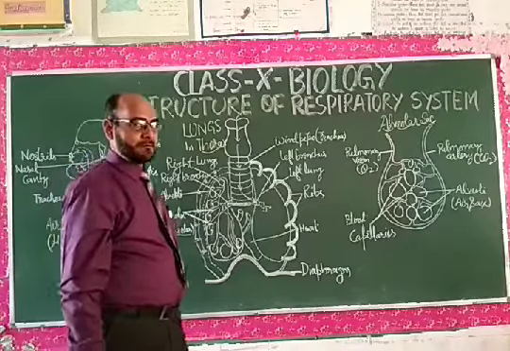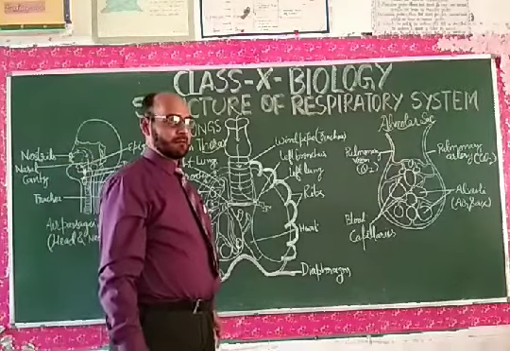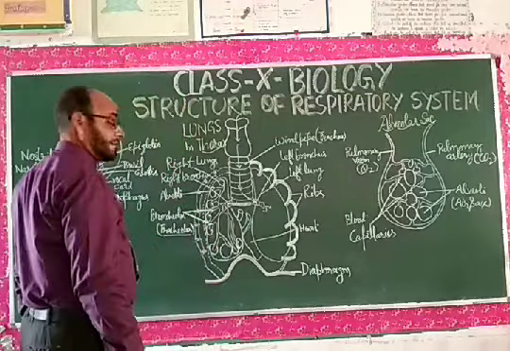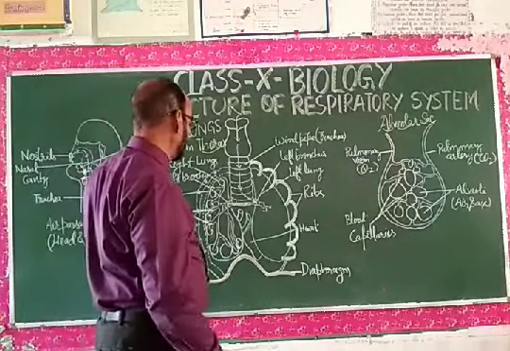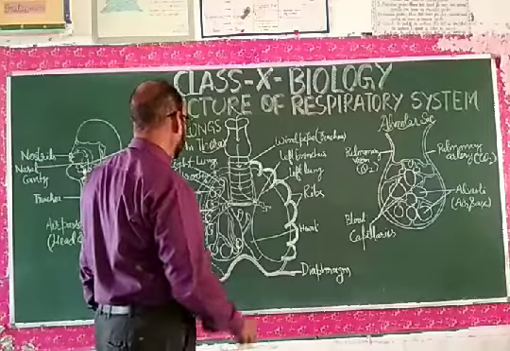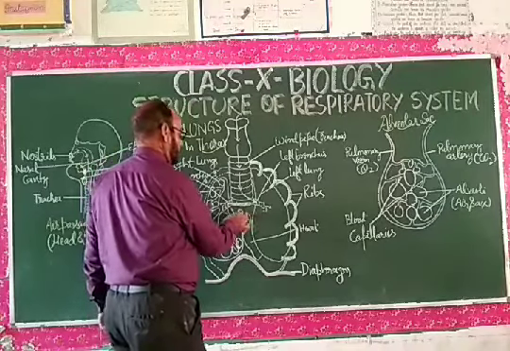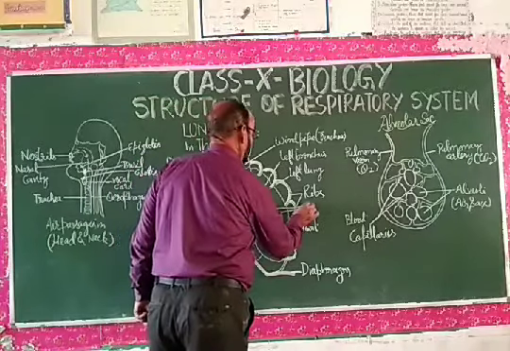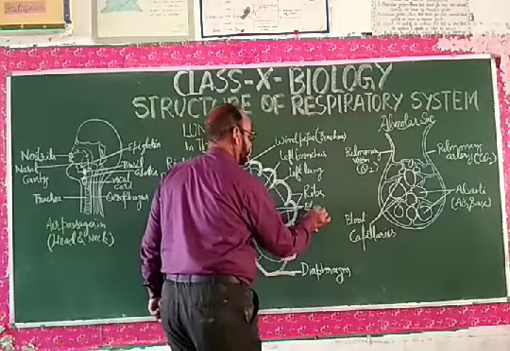In the abdomen there are the stomach, small intestine and large intestine. Here you are looking at two structures. These are the blood vessels.